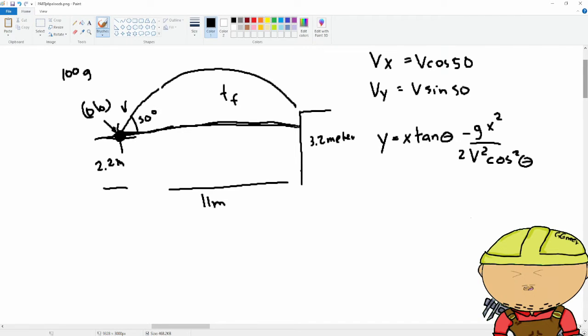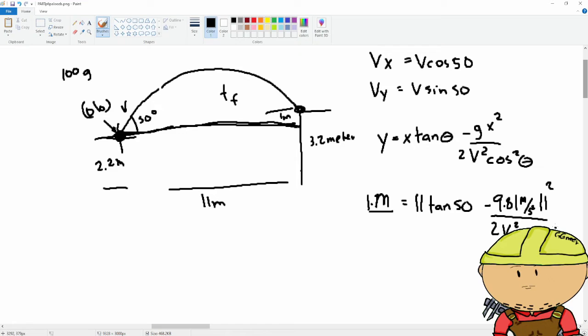So we are to find the velocity it needs to be projected if it is to reach 1 meter for y, because the difference is 3.2 meter minus 2.2 meter, and x is 11 meter. So 1 is equal to 11 tangent 50 minus 9.81 meter per second squared times 11 squared over 2 v squared cosine 50 squared. That's it.